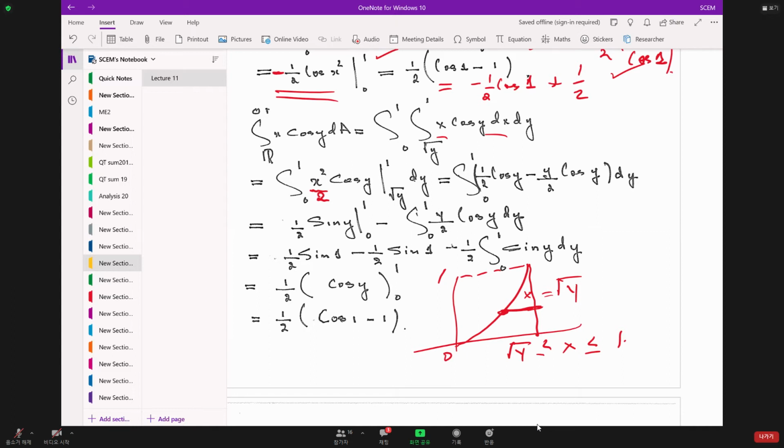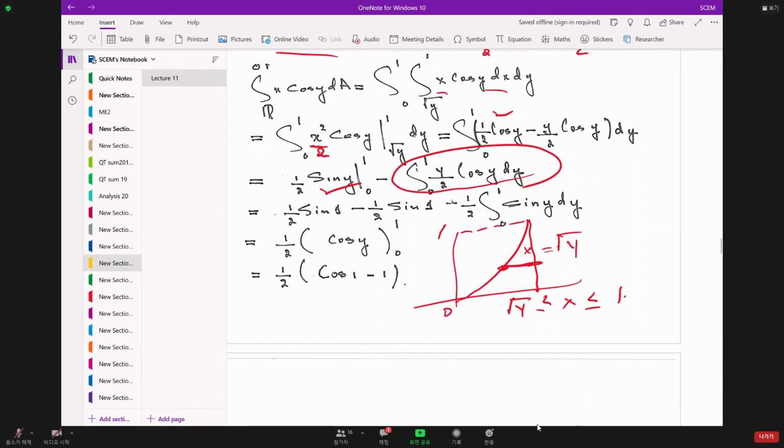Now integrate this. Now, you have to be careful. This is not a direct integral. This integral, you have to do it by parts. So I will just integrate 0 to 1 of y, leave the half alone, cos y dy.